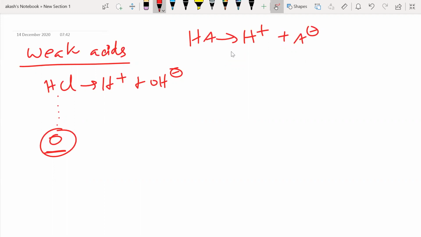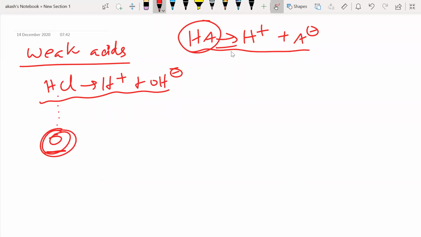But for the HCl reaction, I cannot write the equilibrium constant. Why? Again the same reason: the concentration of HCl is becoming 0. But here I can write the equilibrium constant because HA is not going to become 0 at any point. Even though the reaction has reached equilibrium, this is a reversible reaction, and this is not really going to become 0.